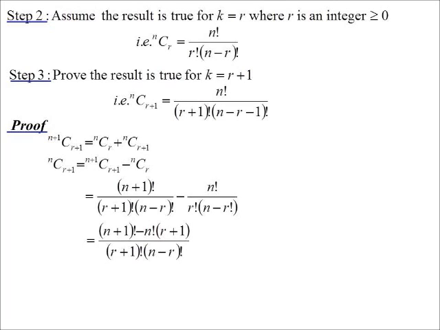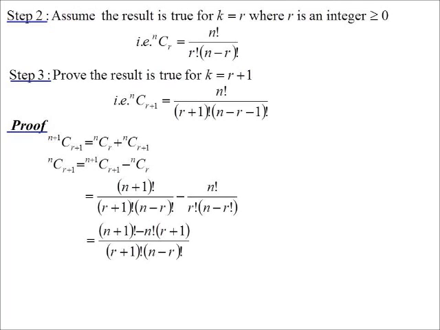So (n plus 1) factorial. Get a common denominator. The common denominator, well, r factorial would fit into (r plus 1) factorial, so that would be the greater number. n minus r is common in both. So what's different? The denominator is the same in the first one, so I've just got (n plus 1) factorial. In the second one, I must have multiplied it by just r plus 1, not (r plus 1) factorial.